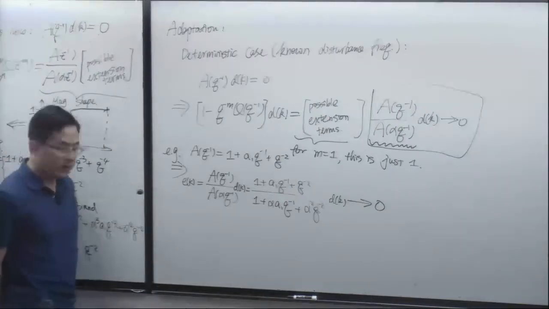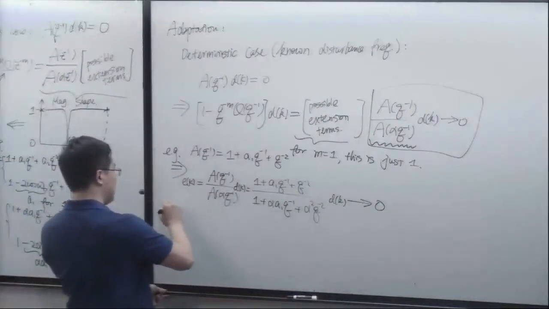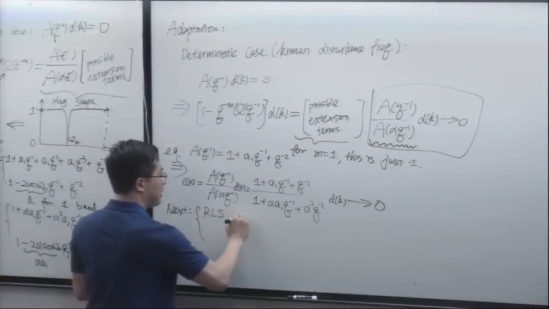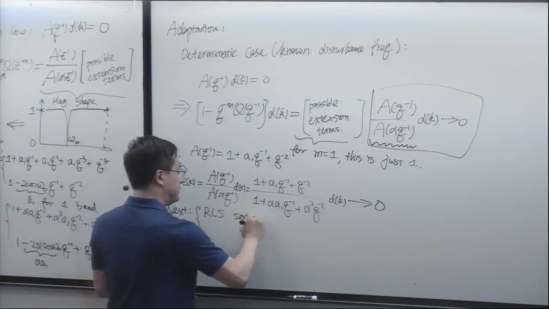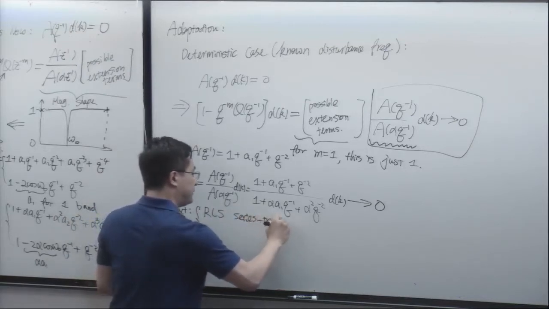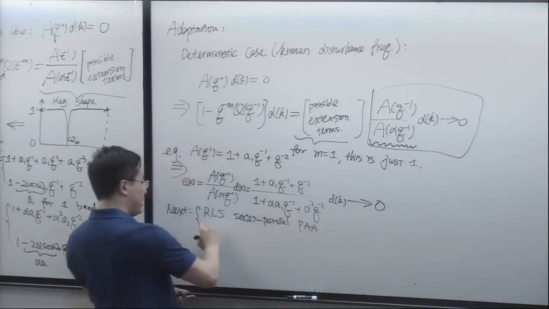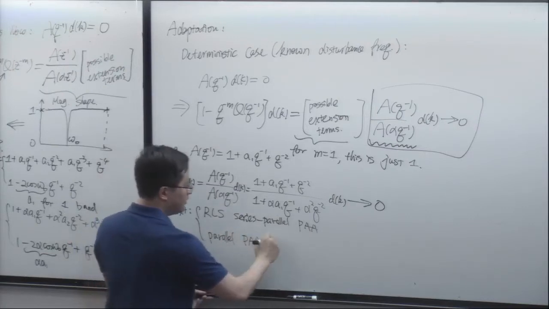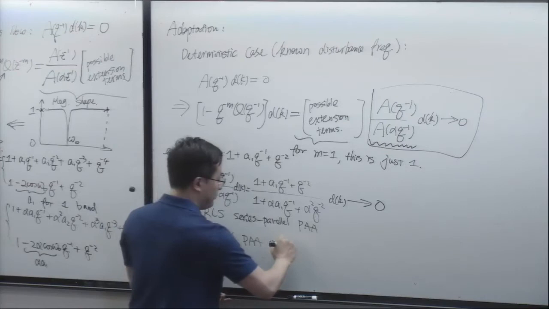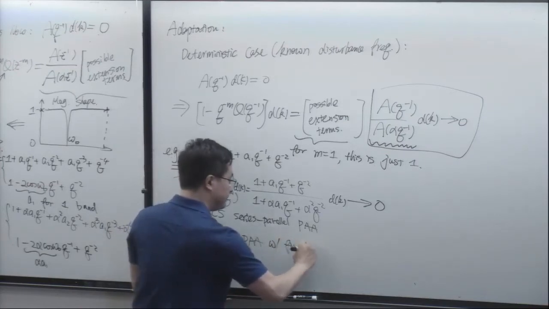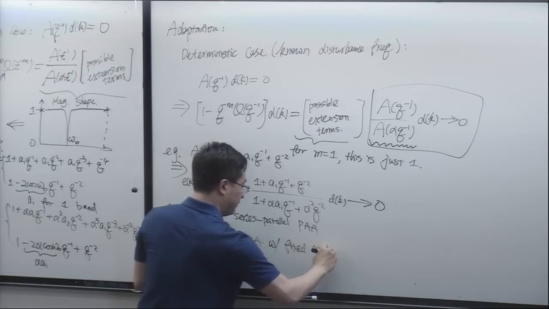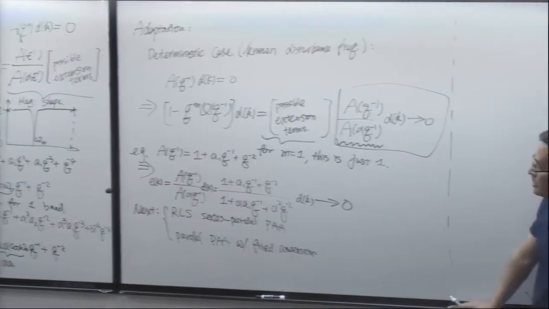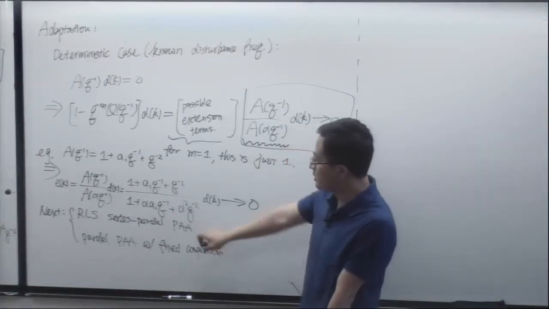All right. So therefore, we can design. We're going to do two things. We're going to design a recursive least square series parallel adaptive control. And then a parallel adaptive control algorithm with a fixed compensator. Let's do this part first.